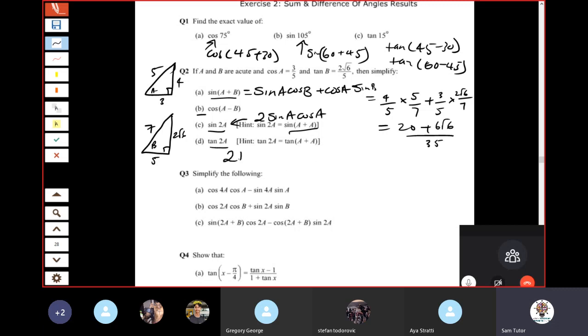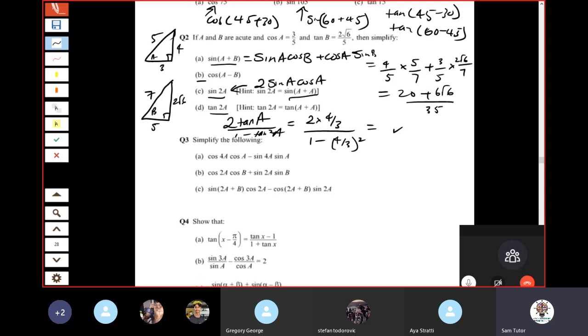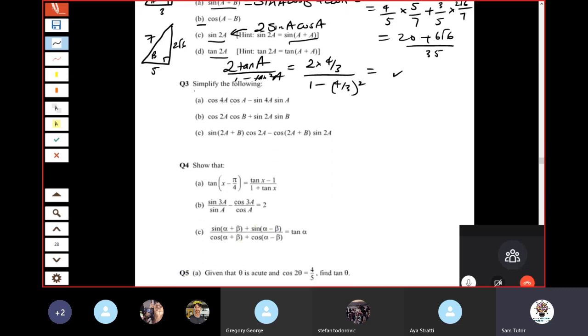Tan 2A is 2 tan A on 1 minus tan squared A. Tan A is opposite over adjacent, so 2 times 4 over 3 over 1 minus (4 over 3) squared. Personally, I would just plug all of this into my calculator, because I can see there's no surds or anything, so whatever the answer is in your calculator, it'll work out, right? Cool.